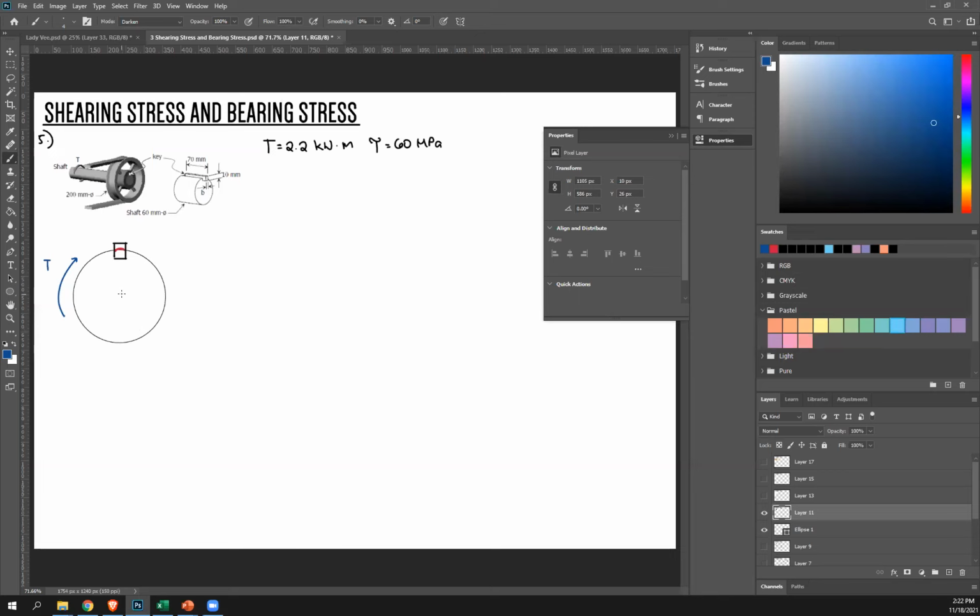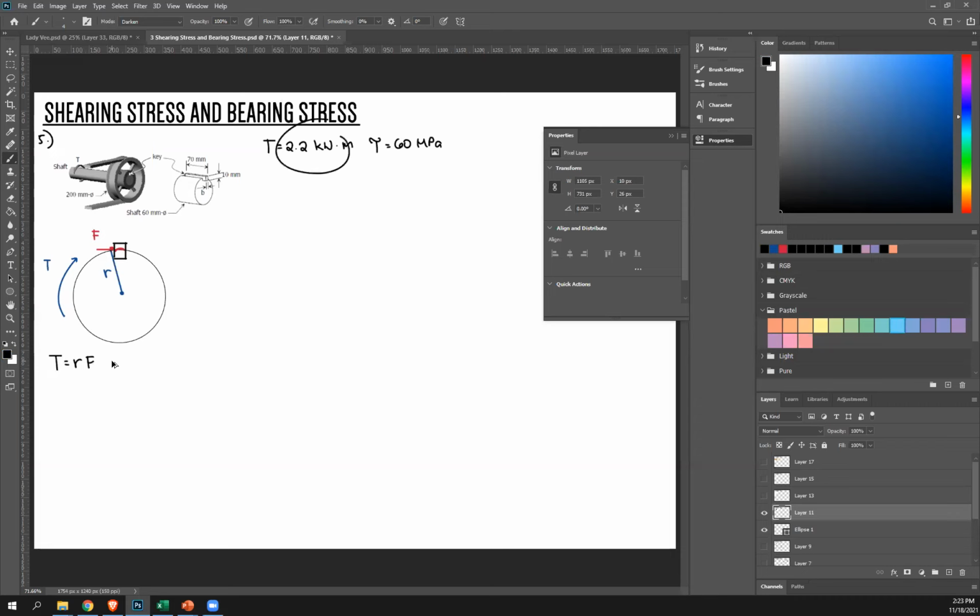This shaft is rotating about its center, so this is the rotational axis. The force that we need is the one here, this F. So this is your R, because again, R is the moment arm from the axis of rotation to the applied force F, and this is your F.